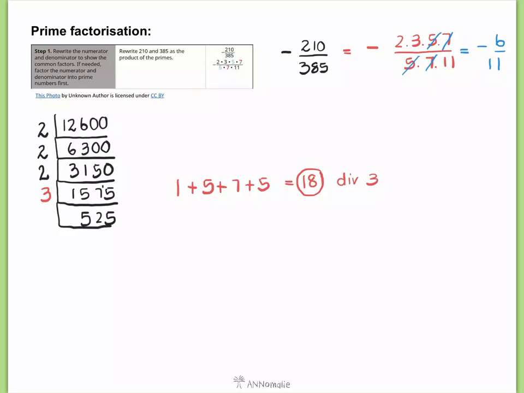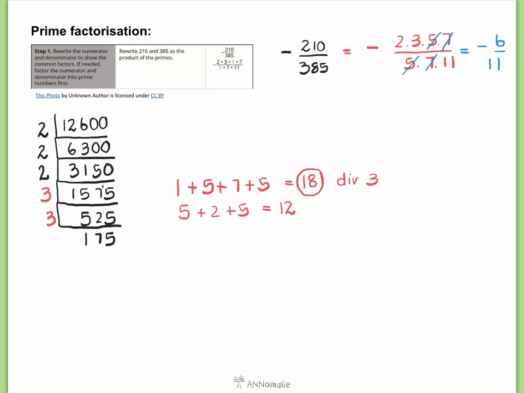Now the question is, what's the next prime number? If I look at the sum of the digits again, 5 plus 2 plus 5, that is 12. 12 is divisible by 3, and therefore this entire number 525 is also divisible by 3. And that will then give us 175.